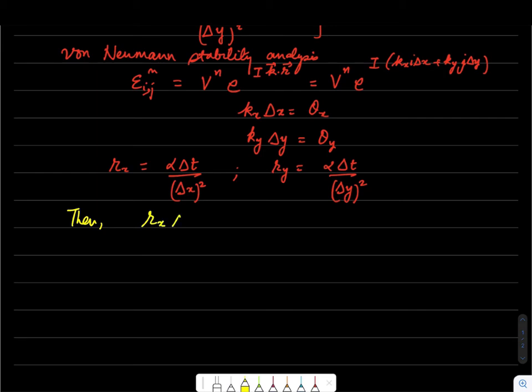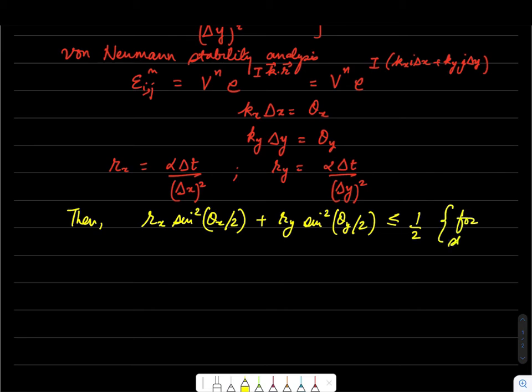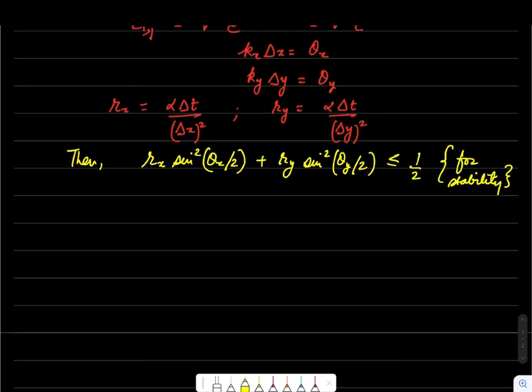We'll have rx sine squared(theta x by 2) plus ry sine squared(theta y by 2) is less than 1 by 2 for stability. We also know that the maximum value of sine squared(theta x by 2) or sine squared(theta y by 2) will be 1.